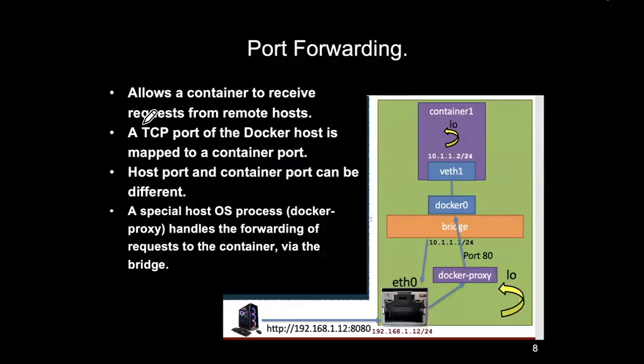So a TCP port of the Docker host is mapped to a container port. The ports can be different, so the host port can be a different number from the container port. That's fine as far as Docker is concerned.